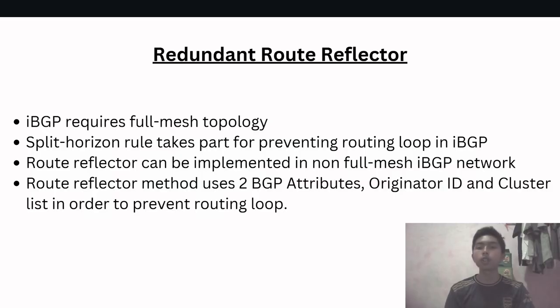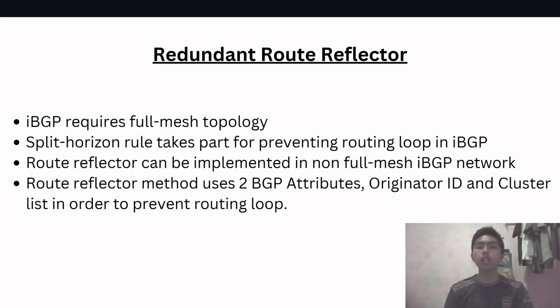We can still solve that problem using a method called route reflector. So we can implement route reflector in a non-full mesh IBGP network, and using this method, it means we violate the split horizon rule, as each router in the IBGP network still re-advertises the updates about new route information.